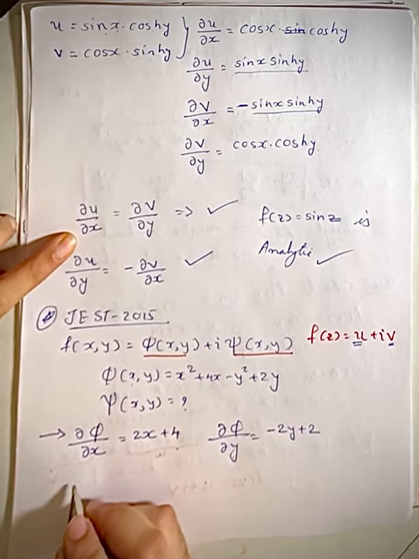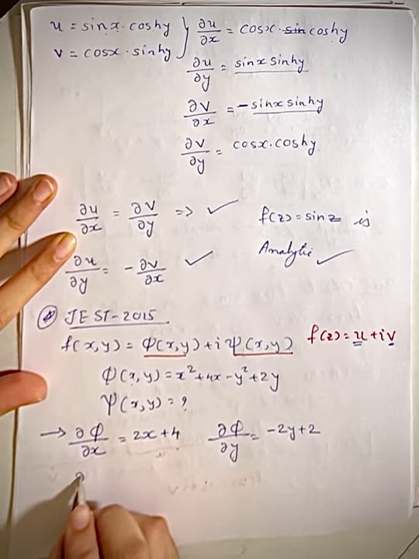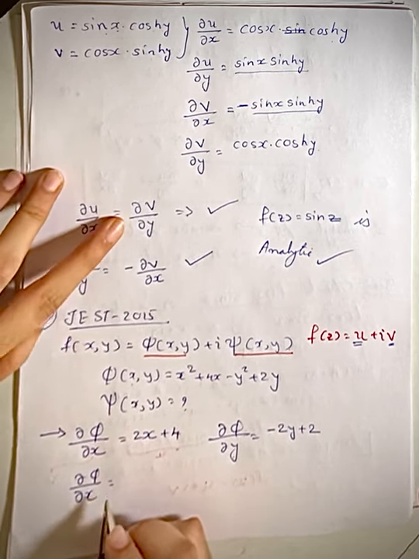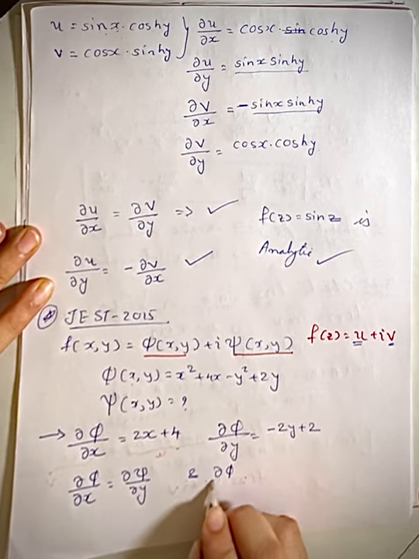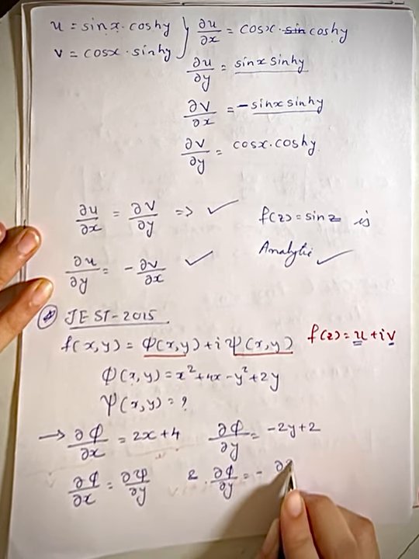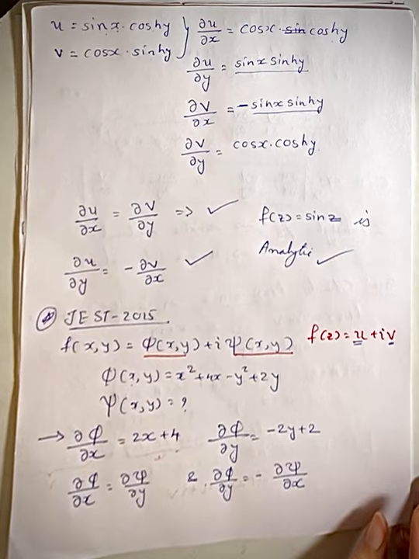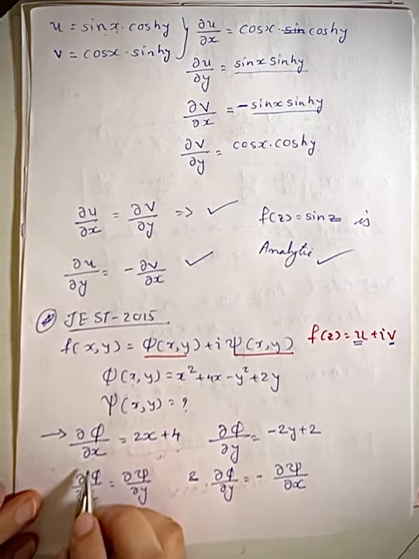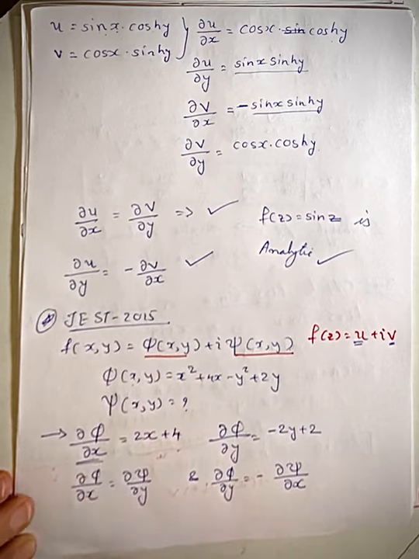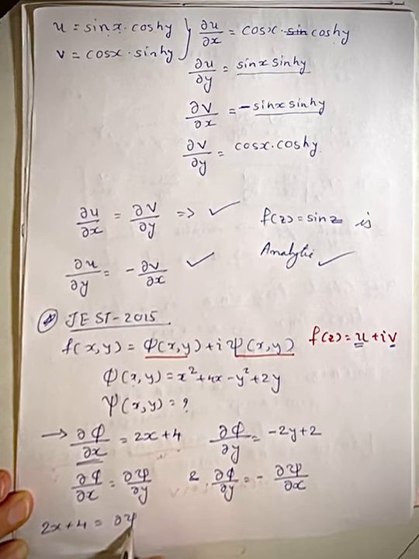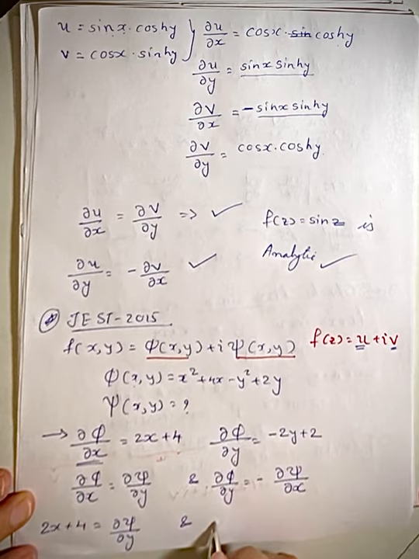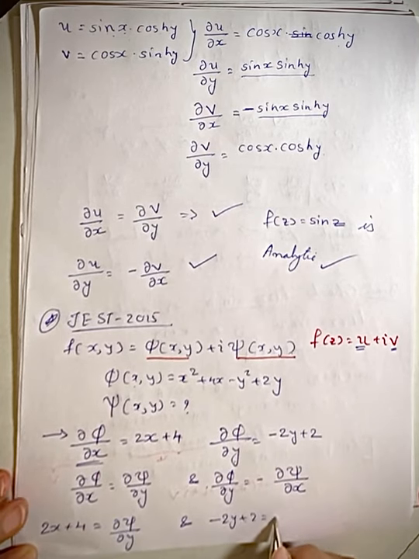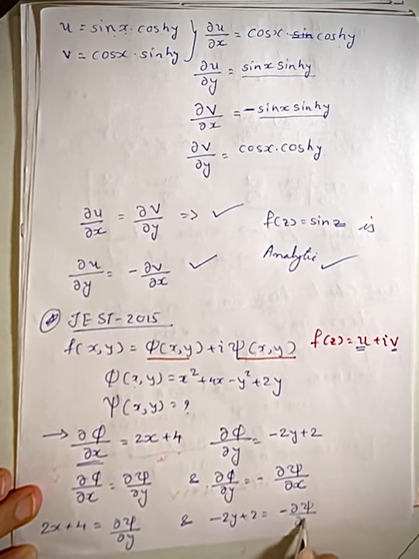So del phi by del x should be equal to del psi by del y, and del phi by del y should be equal to minus del psi by del x. Okay, so we have already found the value of del phi by del x, so 2x plus 4 should be equal to del psi by del y, and 2y plus 2 should be equal to minus del psi by del x.